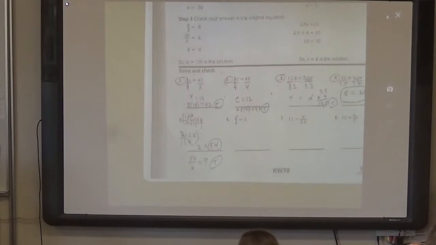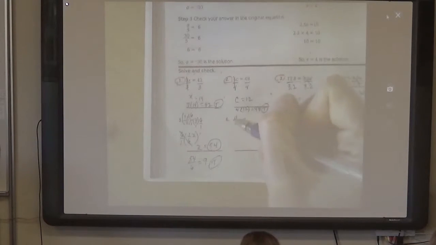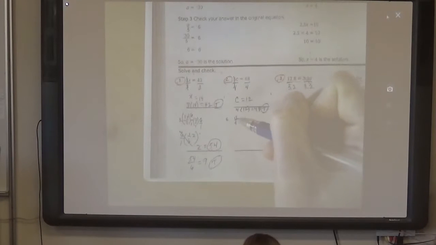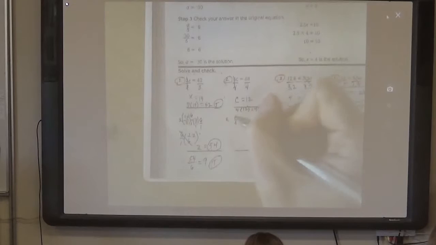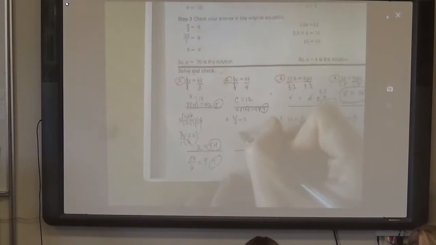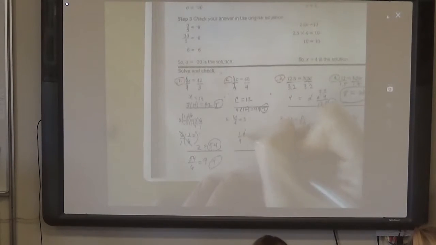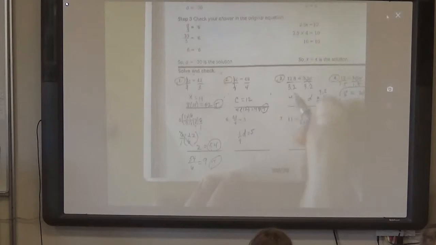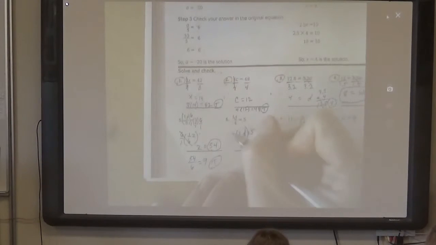All right, let's do number 6. Put a 1 in front of what? The D. So 1 over 4 times D equals 5. Then multiply by the reciprocal. 4 over 1.